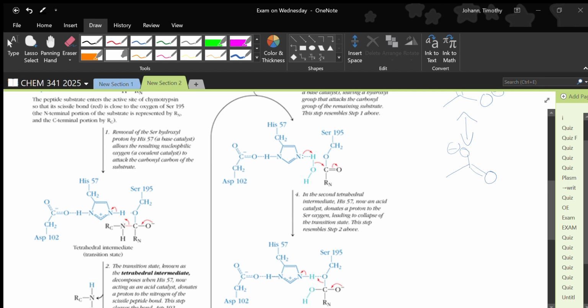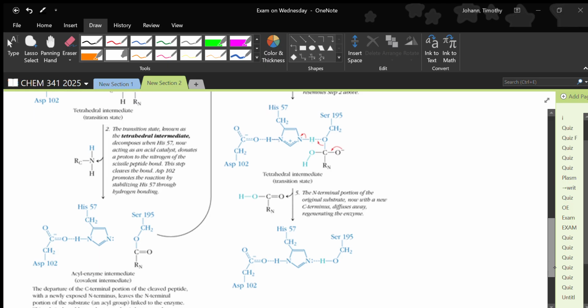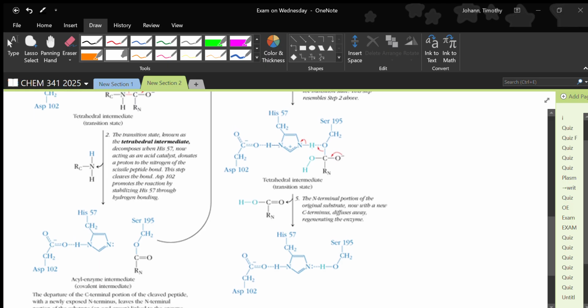Right. Well, hold on. Was that a bad one to do? No, that one was okay. I would get rid of these just to make it cleaner. And with the questions you guys have had, for years I've been using the one out of your book. Maybe I should just find a different mechanism that doesn't have all the hydrogen bonds drawn in. A little bit confusing. Okay.